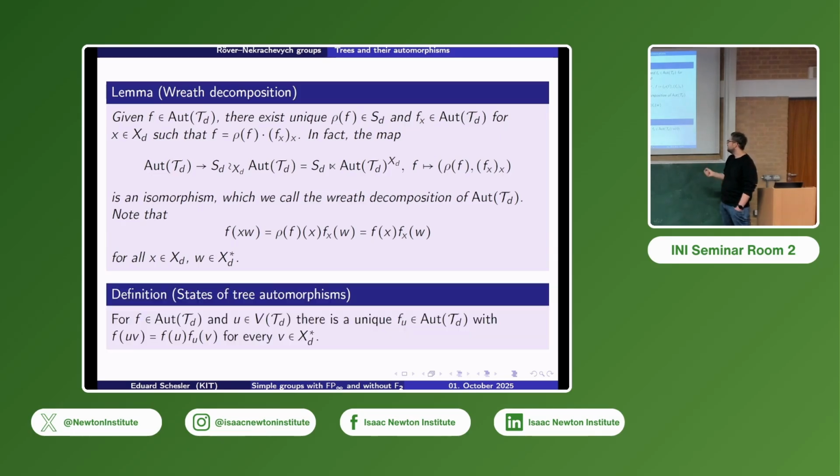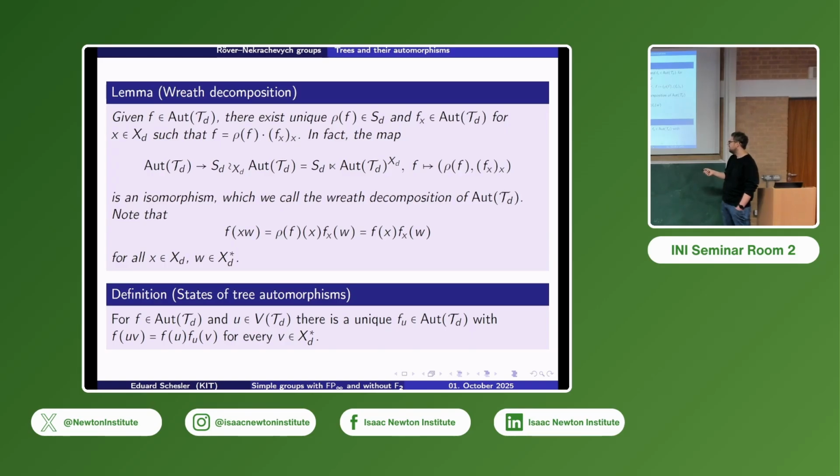Okay, we need a slight generalization of these f_x. This generalization is given by the states of a tree automorphism. It works as follows: we have an element f of Aut(T_d), and we take a vertex u, and then we can associate to it a tree automorphism f_u, which is implicitly defined by the following equation.